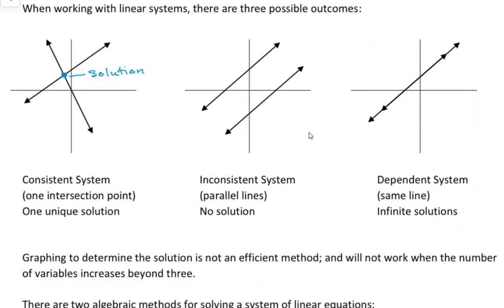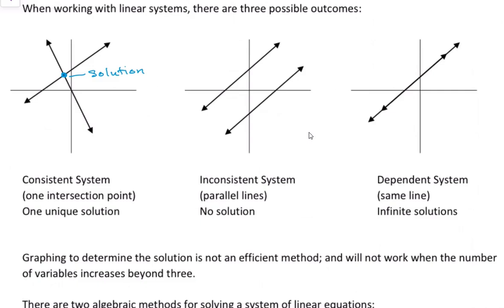And finally, the third thing that can happen is that the two equations may not necessarily look alike when you look at their equations, but when you actually graph them, they are the exact same set of points. They actually describe the exact same line. So that means that every single point would be a point that they share in common. And that's known as a dependent system, and it's going to have infinitely many solutions since there are infinitely many points that those two lines share in common.